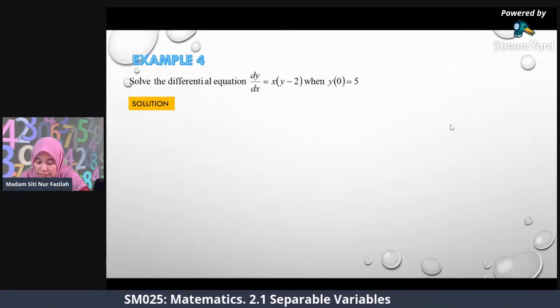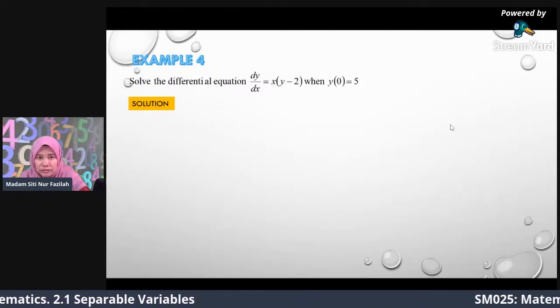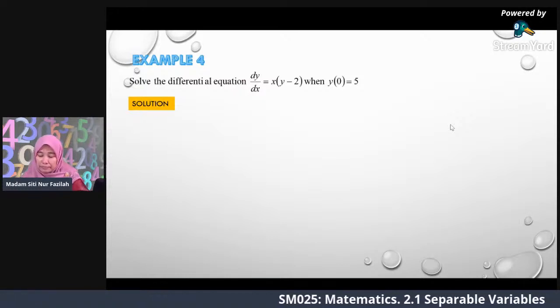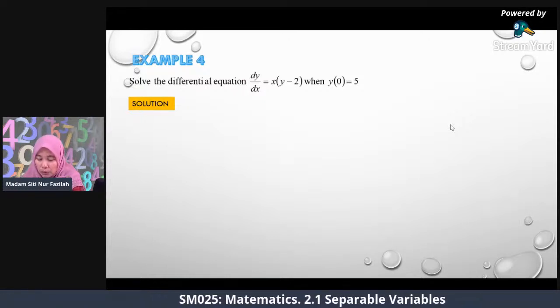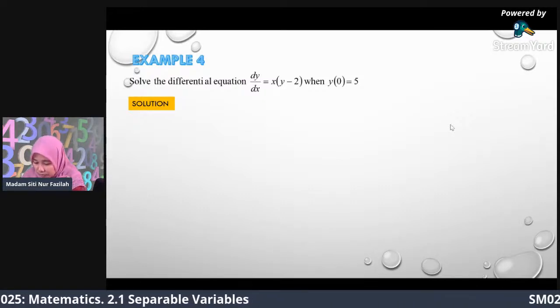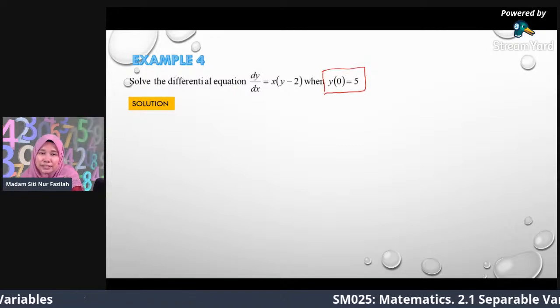Solve the differential equation dy/dx equal x multiplied by (y − 2) when y(0) equal to 5. This one we call a condition.